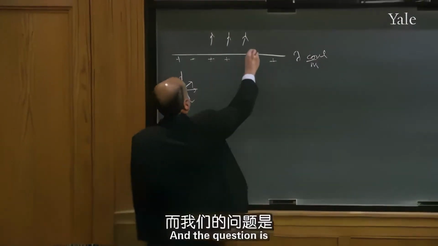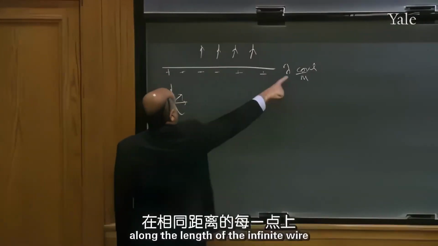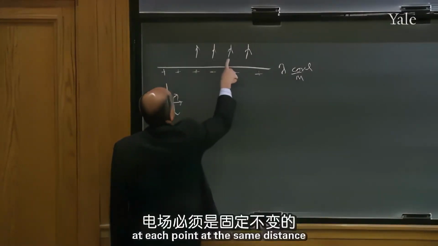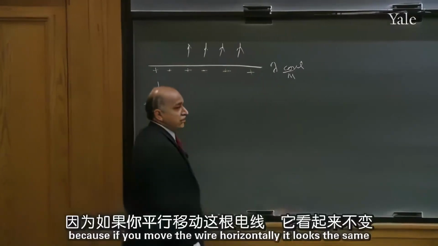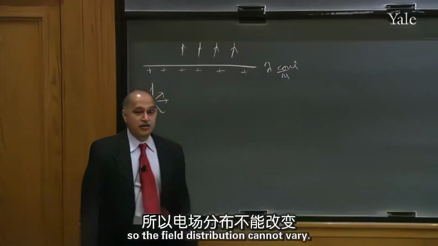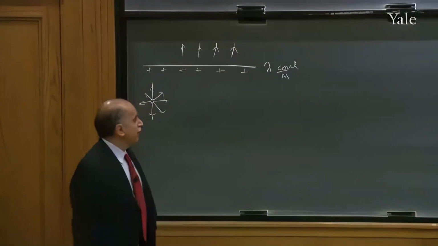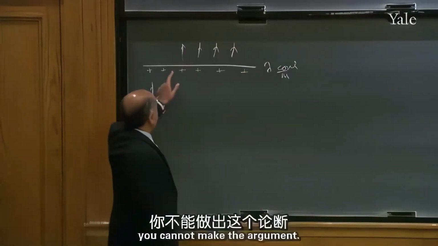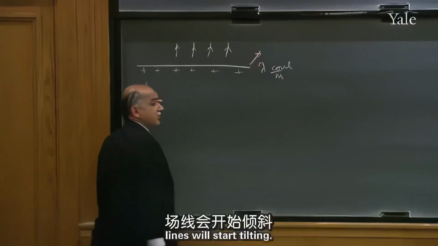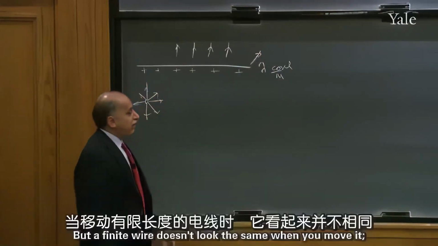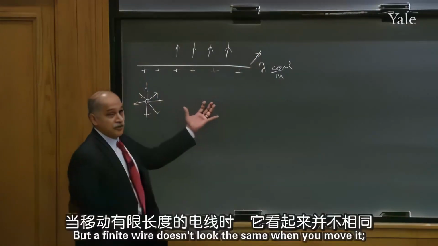And the field has to be constant along the length of the infinite wire at each point at the same distance, because if you move the wire horizontally, it looks the same. So the field distribution cannot vary. If it is a finite wire, you cannot make the argument. In a finite wire, as you come near the edges, lines will start tilting. But a finite wire doesn't look the same when you move it.